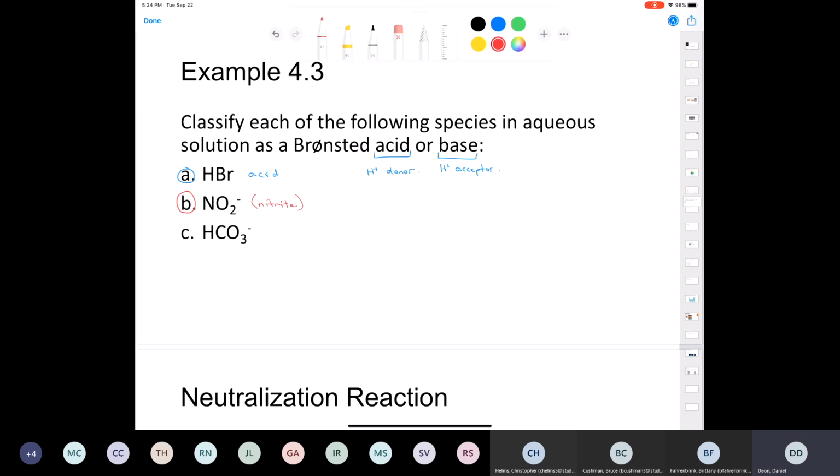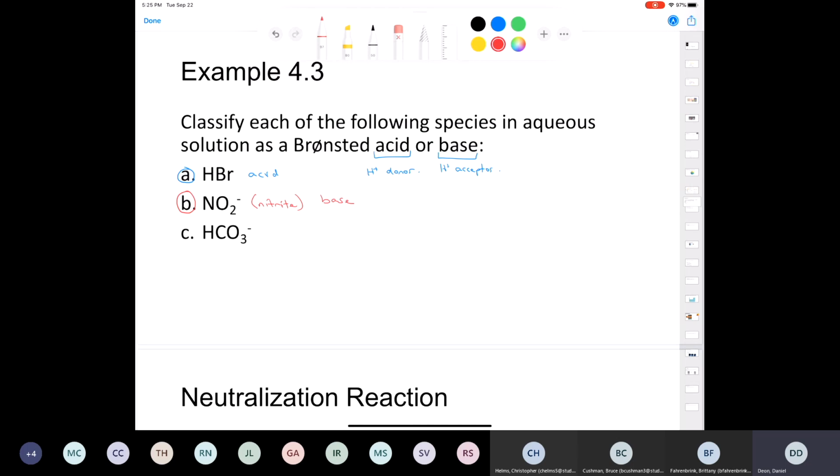Would nitrite be considered a Bronsted acid or a Bronsted base? What do you think? Yeah, it's going to be a base. It doesn't have a proton to give up, but it can accept a proton, right? So this is going to be a Bronsted base.